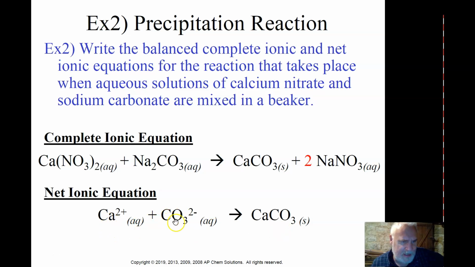And when asked to write chemical equations, you should assume that they're talking about the net ionic equation in organic or in AP chemistry. They're really big on that, and that's super important.